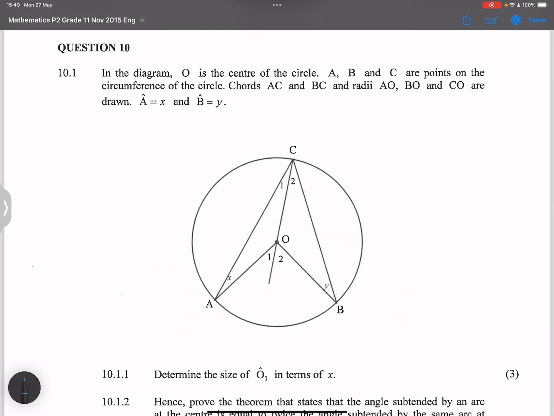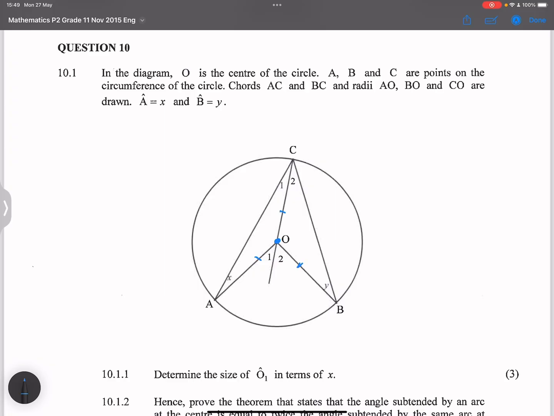Question 10, they say in the diagram, O is the center of the circle. Now, ladies and gents, I did say that whenever we see the center, always try and identify your radii. So I can see that I've got OC, I've got OA as well as OB. All of those are radii, and we know that our radii are equal.